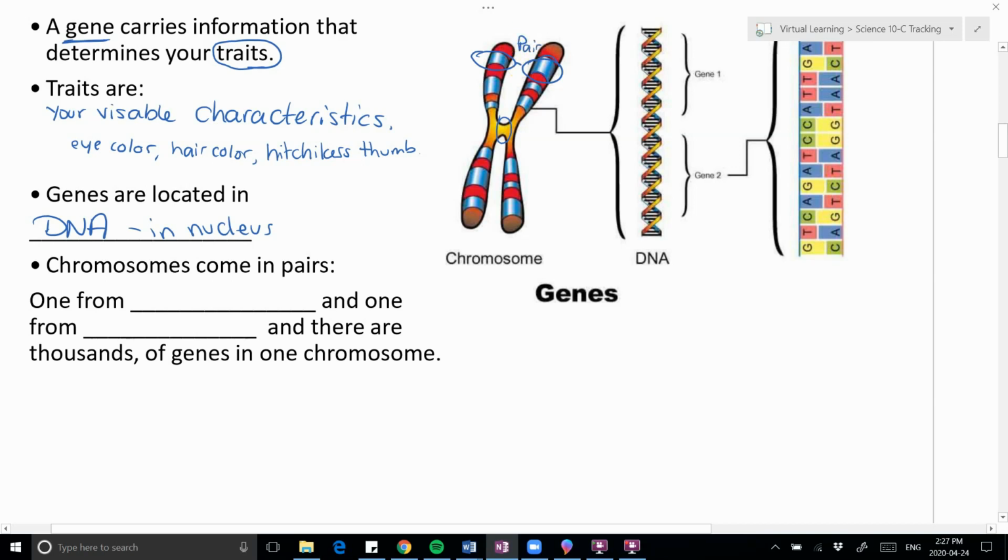The reason that your chromosomes are made of two parts is because we get them from two different sources. You get one side from your biological mother, and you get the other side from your biological father.